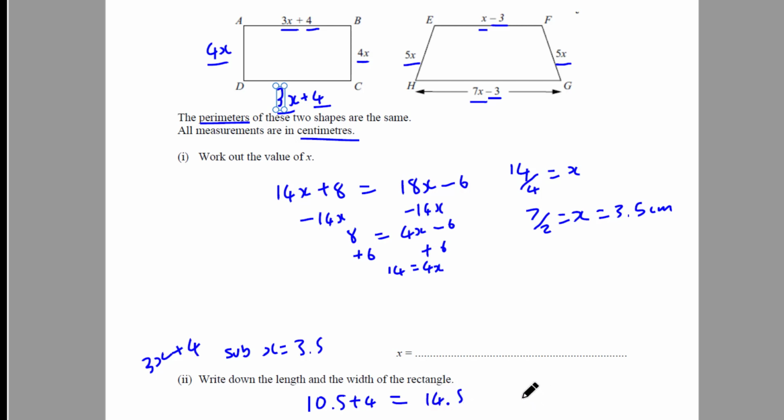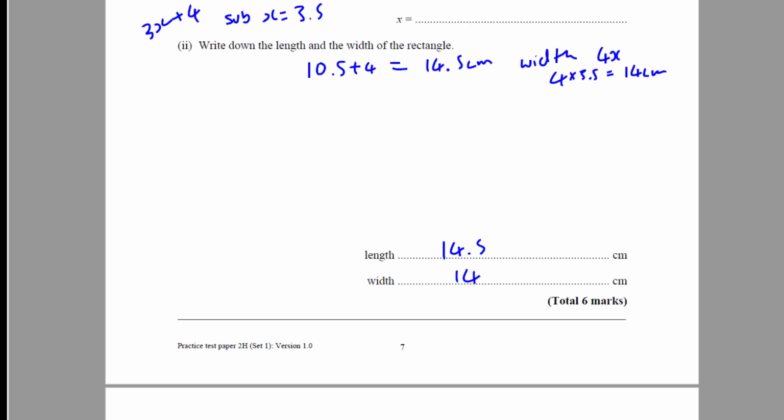And then we've got the width as 4x. So 4 times 3.5 equals 14 centimeters. Another few marks in your pocket. Just write that in the answer box so you get your full marks.